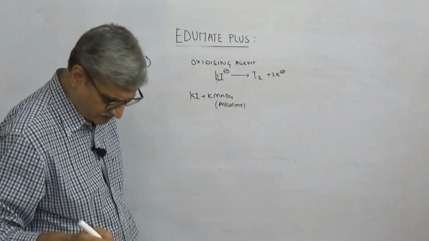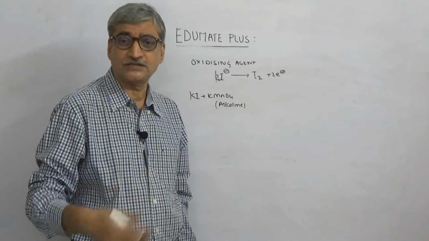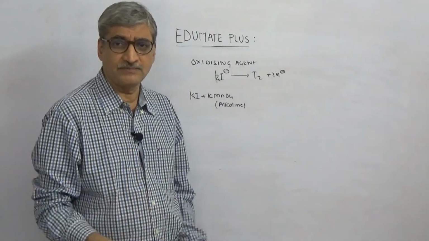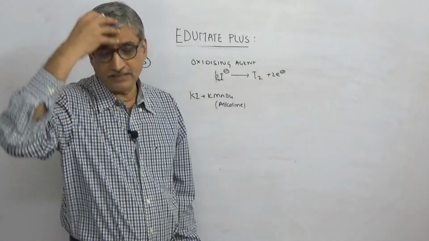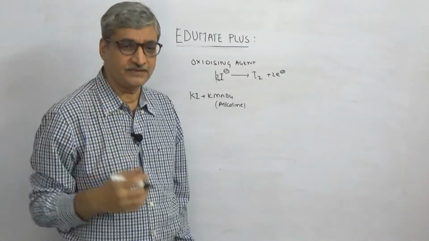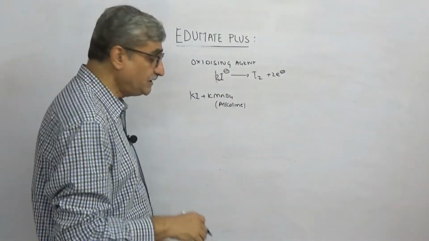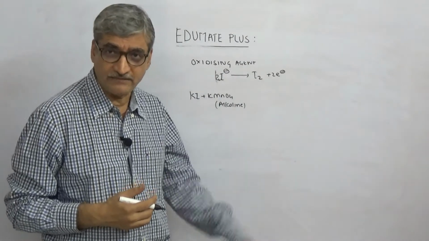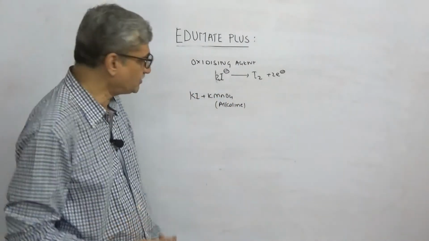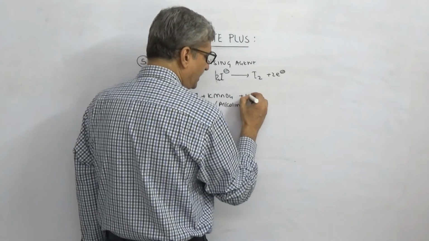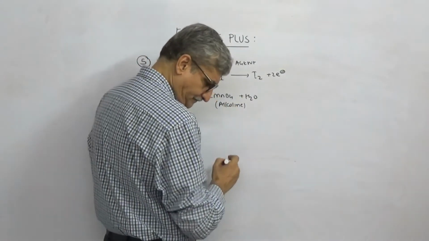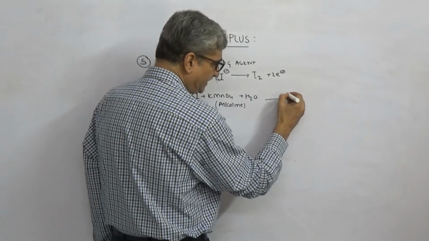Normally this point is missed by many students, because trying to write by heart many times and remember all these equations, at the end of the 2 years of studies of 11th and 12th it gets cluttered. So declutter here, this is very important. It's an odd behavior, so this can become a scope for a multiple choice question. KMnO4 plus H2O, in the alkaline medium, what happens?